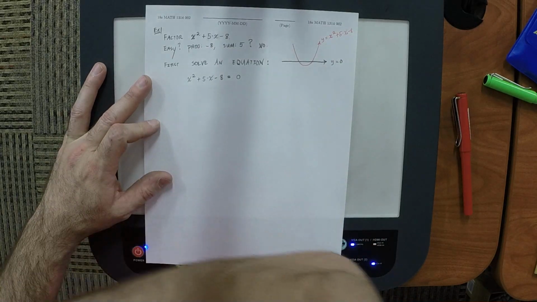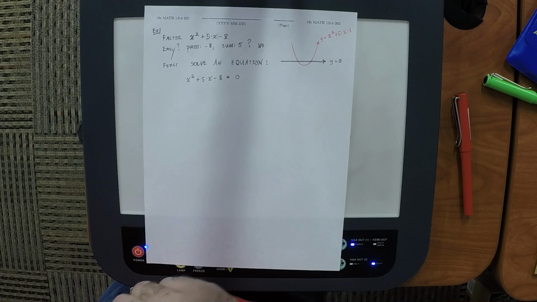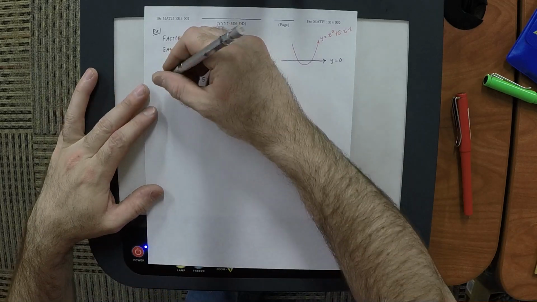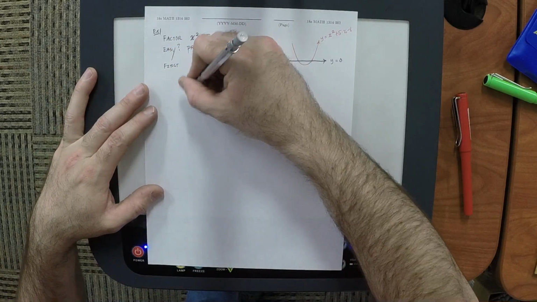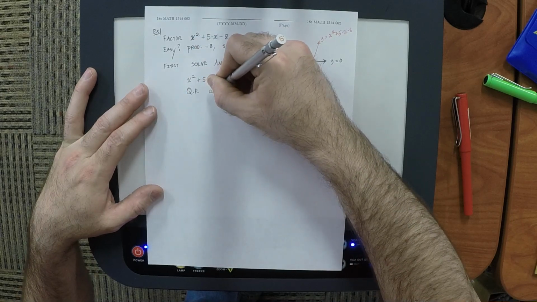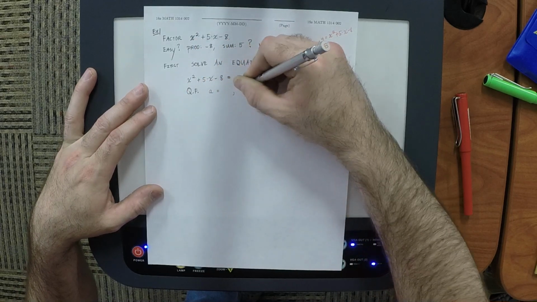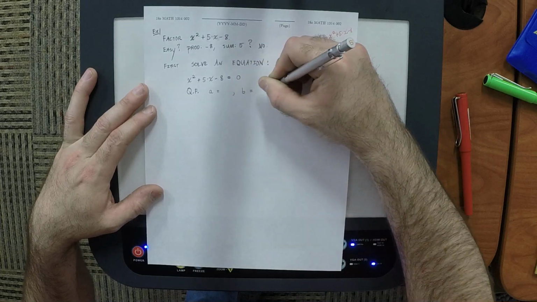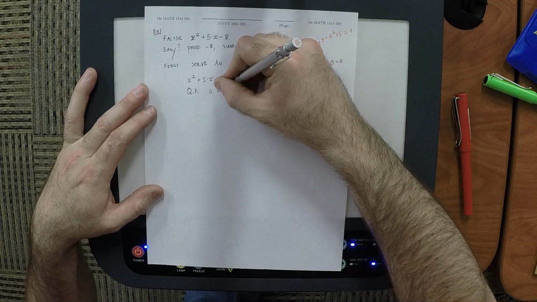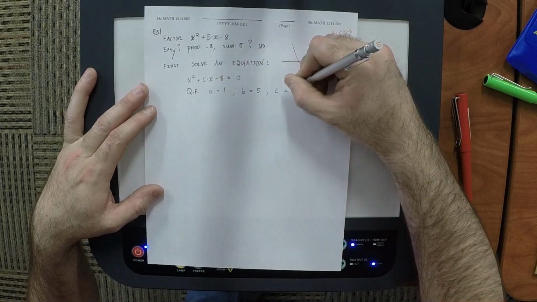We could complete the square, but I'm just going to use the quadratic formula because it makes everything uniform. In order to use it, we need to identify the coefficients a, b, and c. On this specific exercise, what are the coefficients? 1, 5, and -8. Very good.